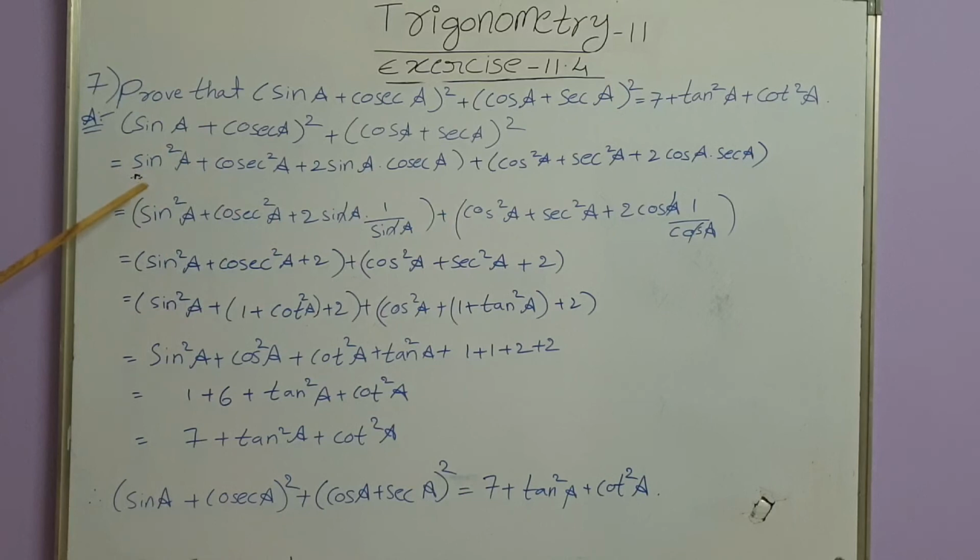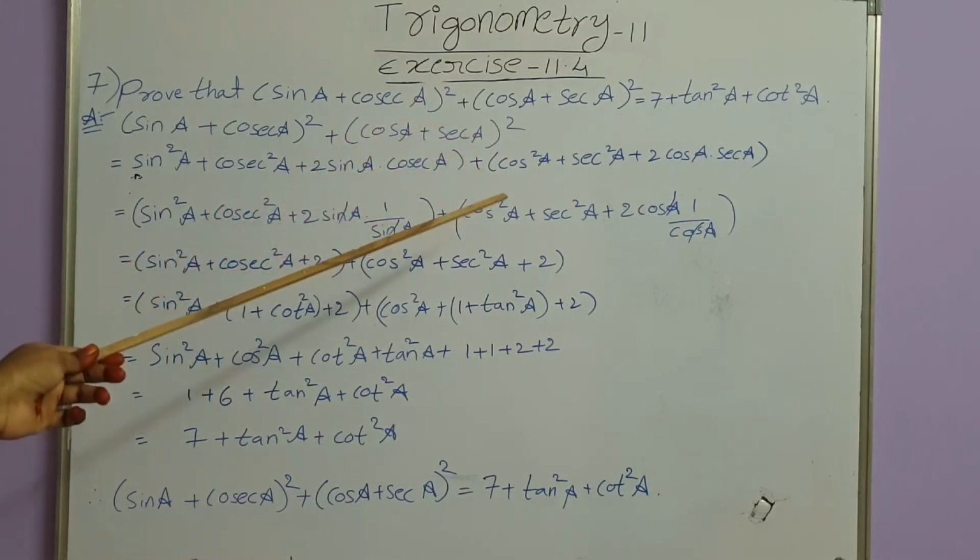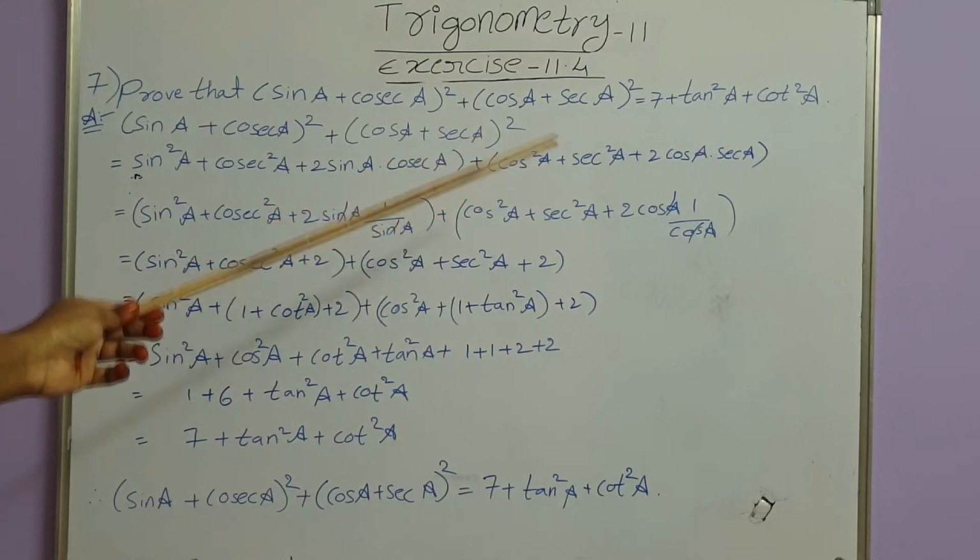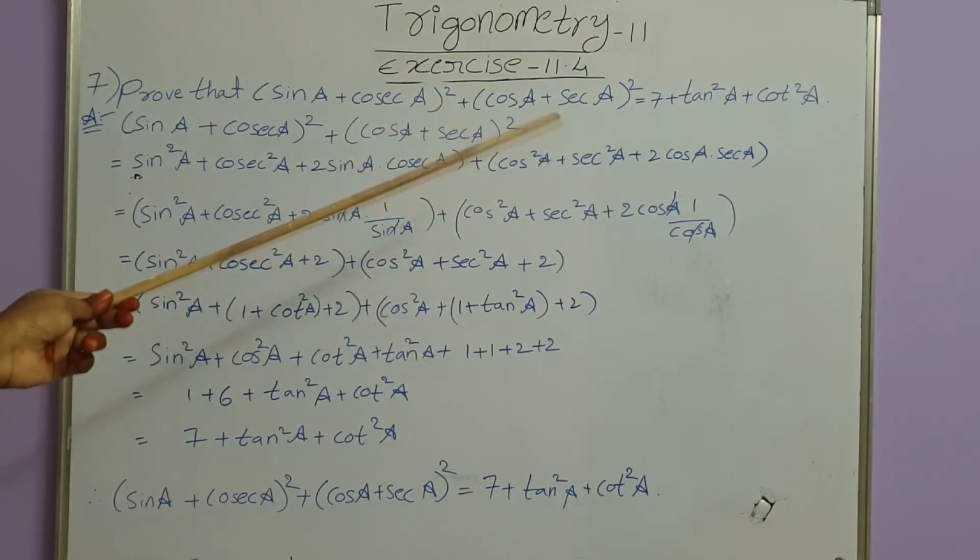Now (A plus B) whole square is A square plus B square plus 2AB. Write like this: sin square A plus cosec square A plus 2 sin A into cosec A, plus this is also written like that, cos square A plus sec square A plus 2 cos A into sec A.